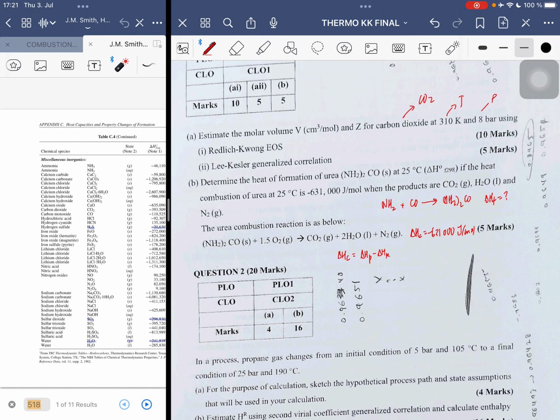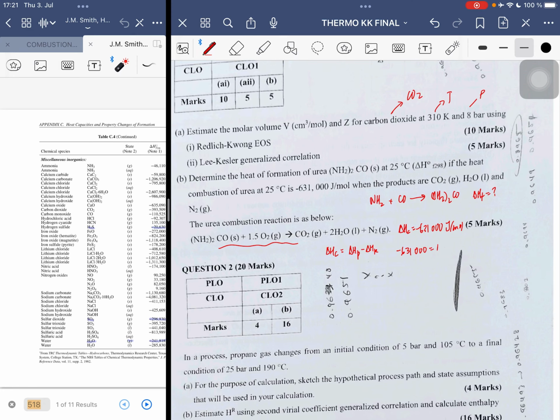They already give the heat of combustion for this whole equation. So negative 631,000 equals the heat of formation of products minus the heat of formation of reactants.